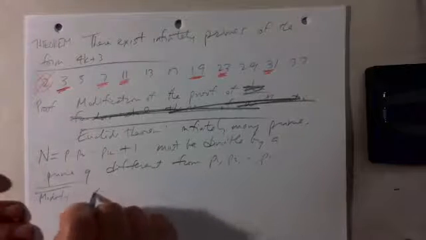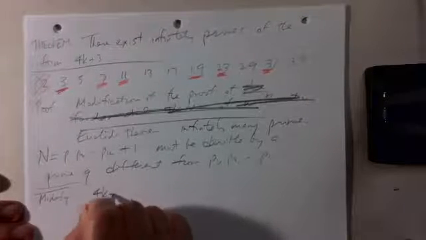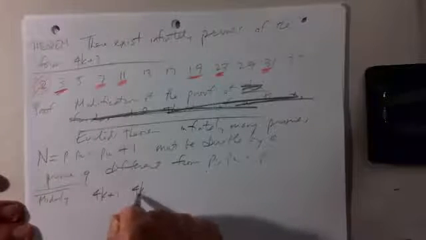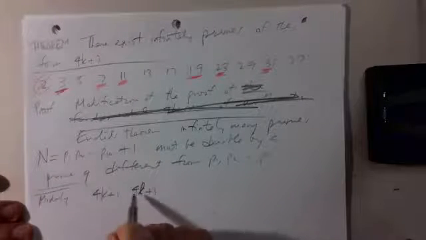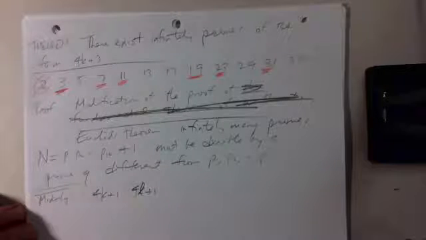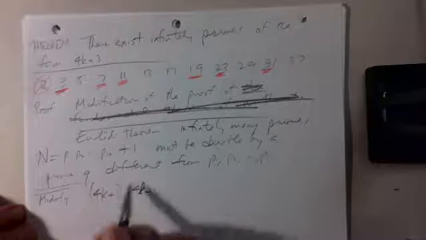The clever idea that someone had long ago was to observe what happens if you take an odd number of the form 4k + 1 and an odd number of the form 4l + 1. These are two numbers that when you divide them by 4 leave a remainder of 1.